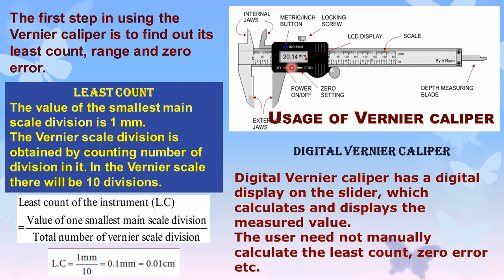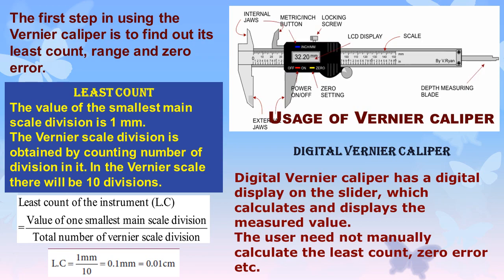You can view the measurement very easily because this is a digital measurement. The digital vernier caliper has a digital display on the slider which calculates and displays the measurement value. The user need not manually calculate the least count, zero error, etc. It has been measured and the value is the final value.